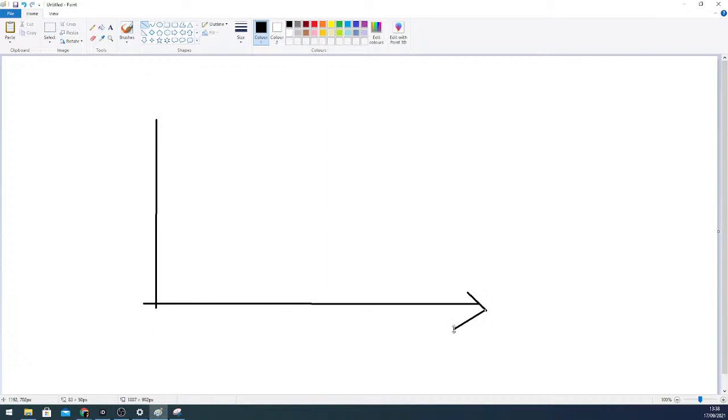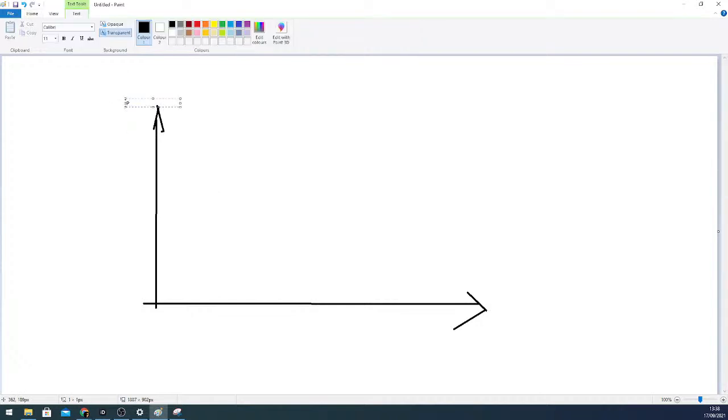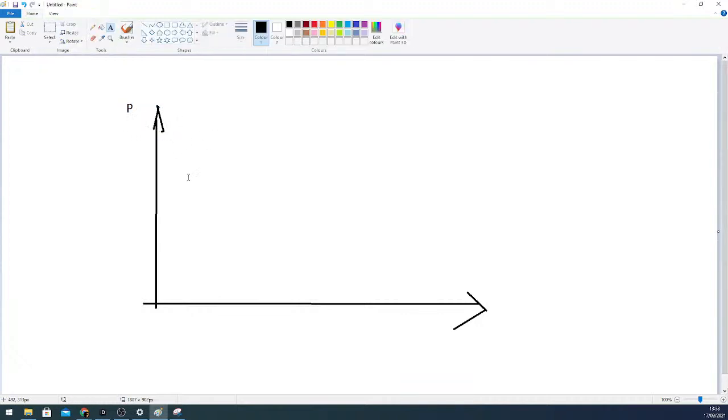So, I'm not really sure about this horizontal axis, but the vertical axis, let's say the vertical axis is the axis of pressure. The pressure.